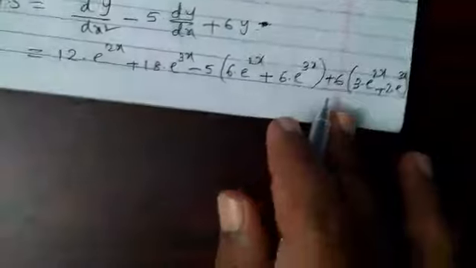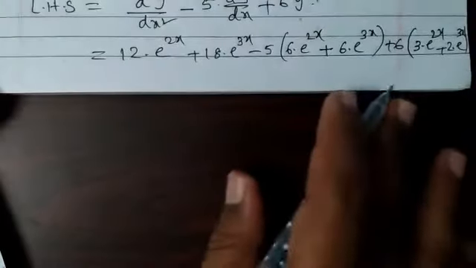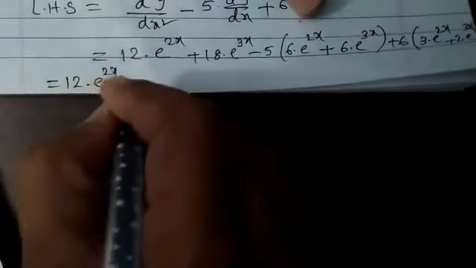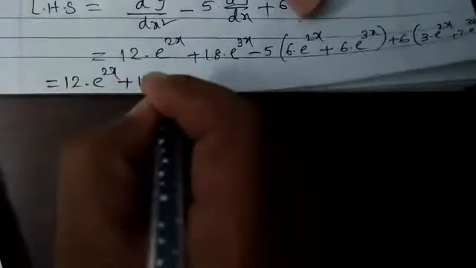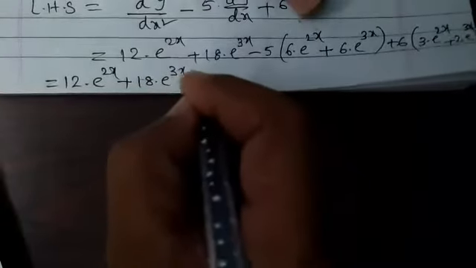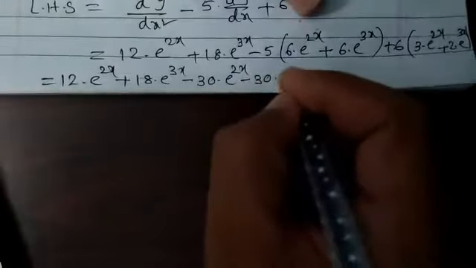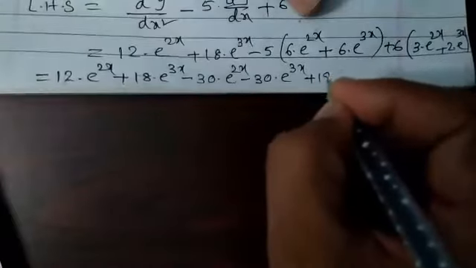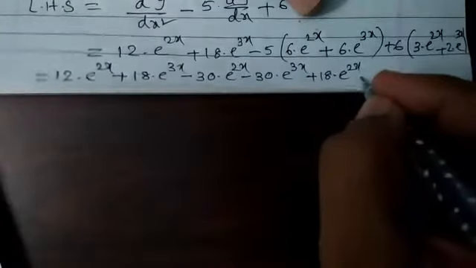What will we get, guys? Just observe it here. That equals 12 into e power 2x plus 18 into e power 3x minus 30 into e power 2x minus 30 into e power 3x plus 18 into e power 2x plus 12 into e power 3x.